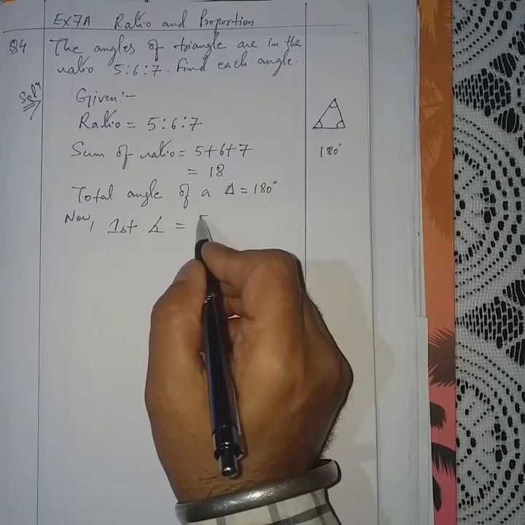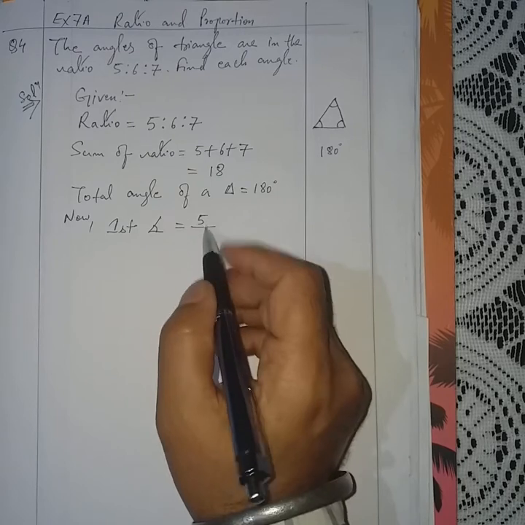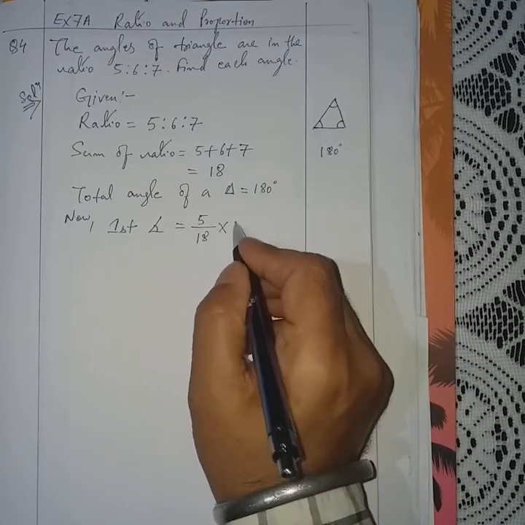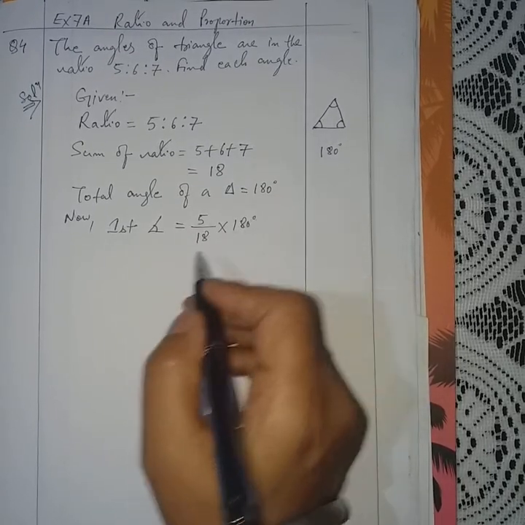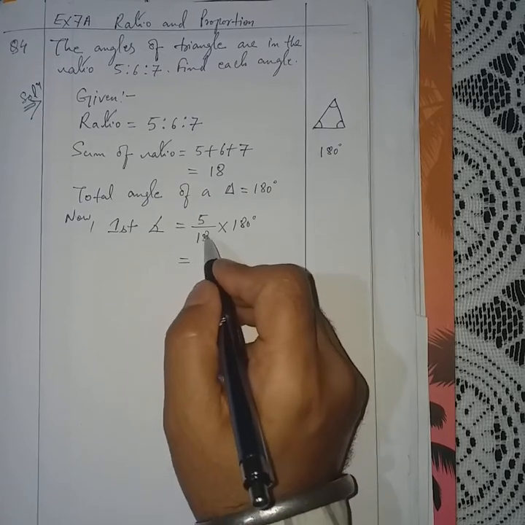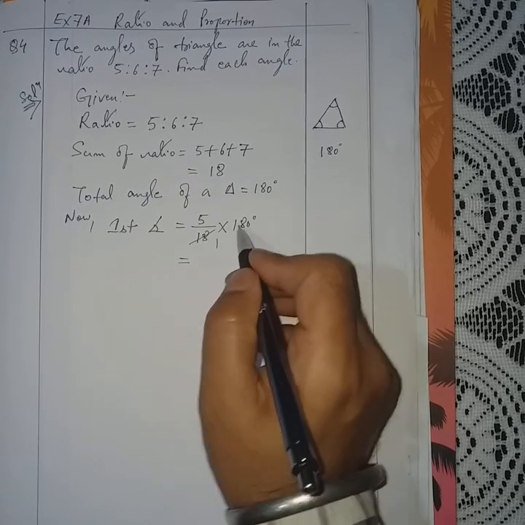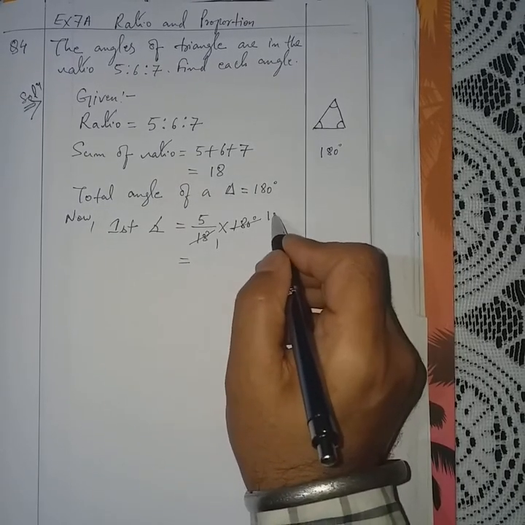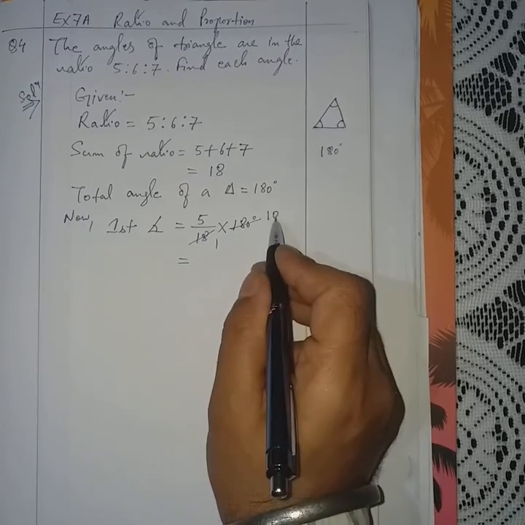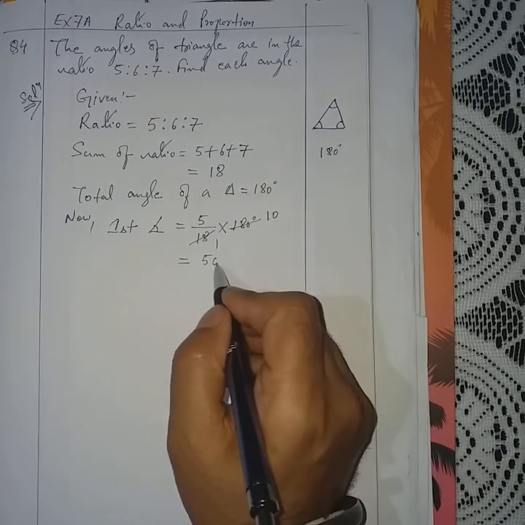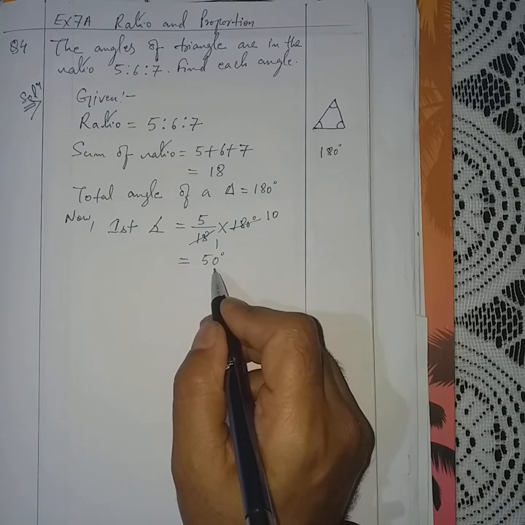That is 5 by 18 into 180 degrees. So here 18 one time, 18 ten times, so 10 into 5 is 50. So the first angle we got is 50 degrees.